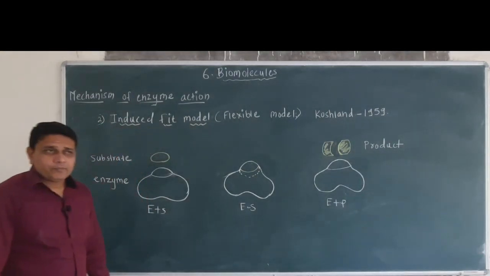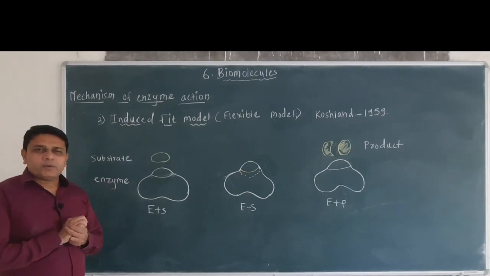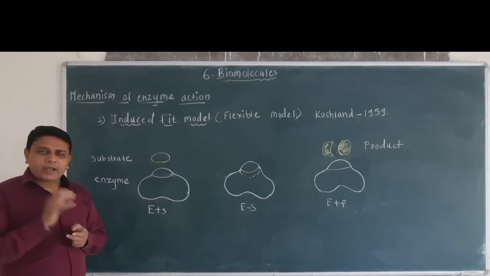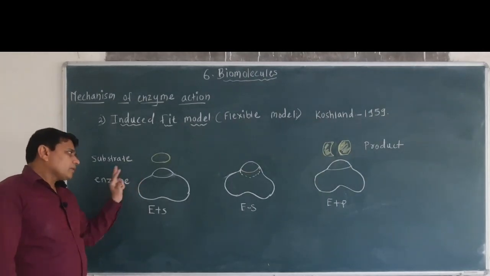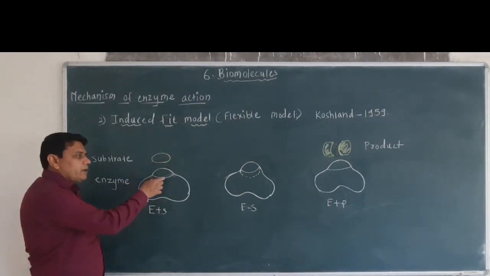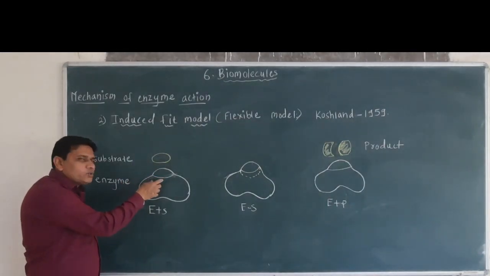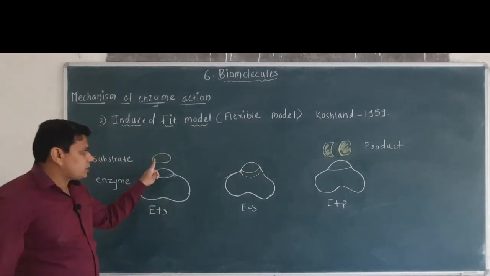So Coastland proposed that the enzyme is flexible in nature and its shape changes according to the shape of that substrate. Here is the substrate, then here is the enzyme. So this substrate comes in contact with the active site and it fits them, and the active site changes its shape according to the substrate.